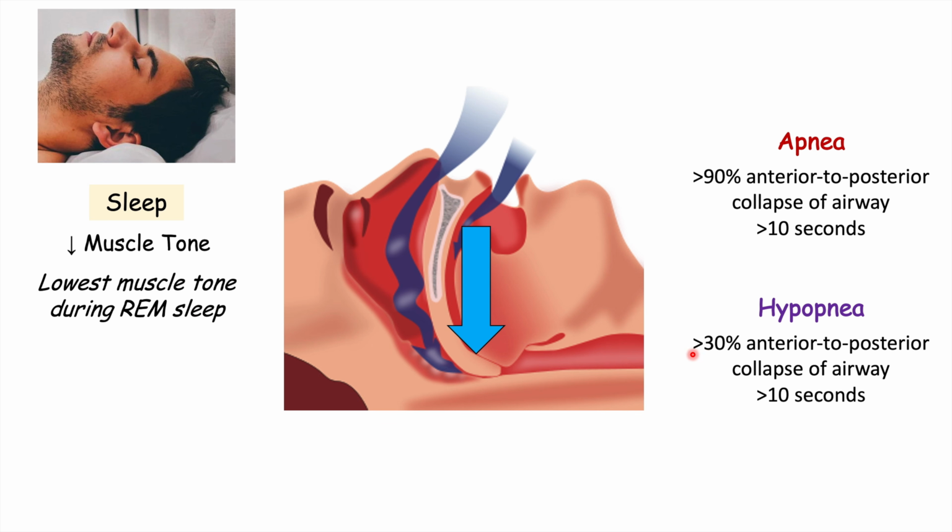In hypopnea, it is greater than 30% anterior to posterior collapse of the airway. This is going to be a characteristic of hypopnea. And both episodes of apnea and hypopnea can lead to decreased oxygenation levels as well. So episodes of hypopnea are very important to recognize as well, because they can also lead to decreased oxygenation levels for the patient.